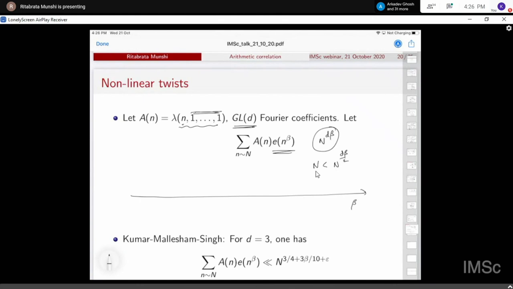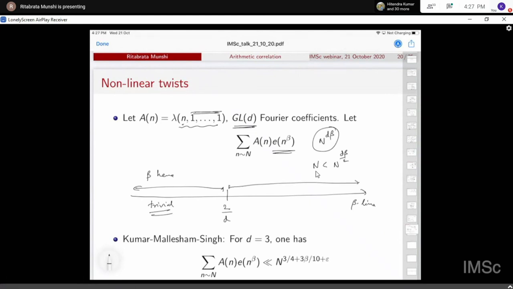Okay, so we draw this line. This is going to be my beta line. That really means that if beta is larger than 2 by d, in this range, then the problem is kind of trivial. Do not worry about it.